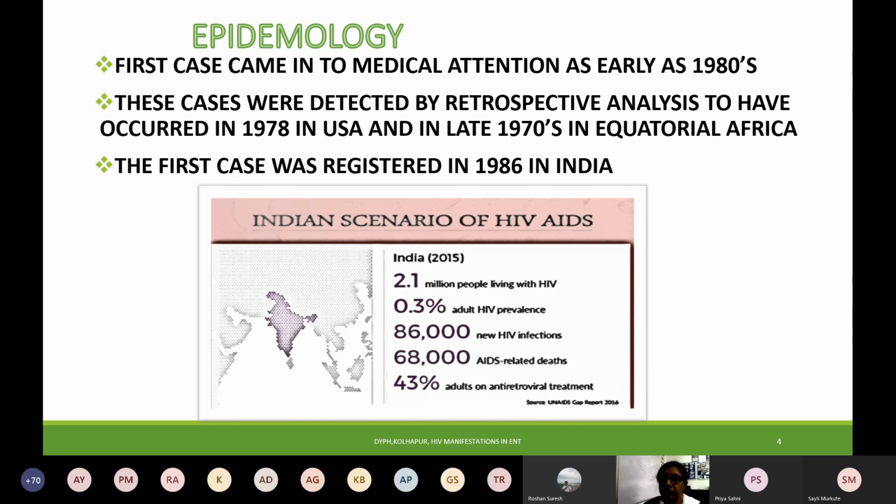In India, 2.1 million people are living with HIV, with 0.3% adult HIV prevalence, and 86,000 new HIV infections. This is the current scenario we are talking about. 68,000 are AIDS-related deaths, and around 43% are on antiviral treatment.